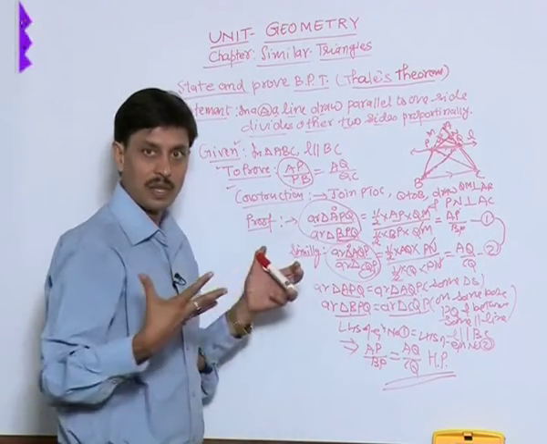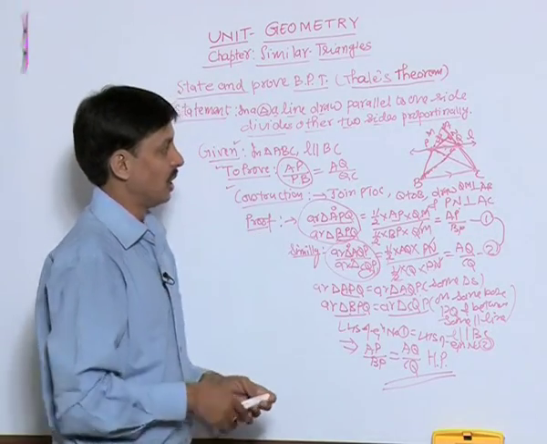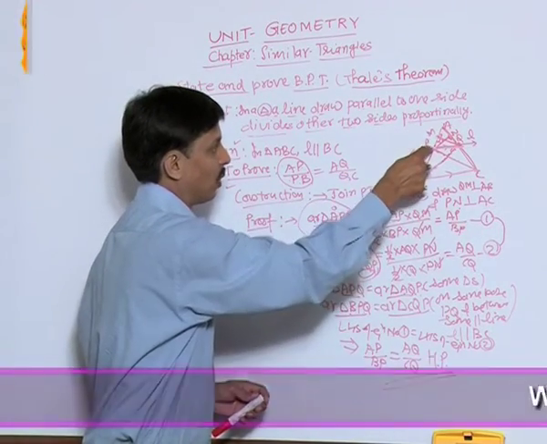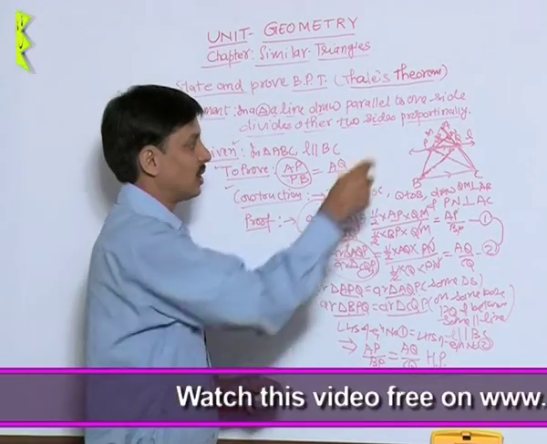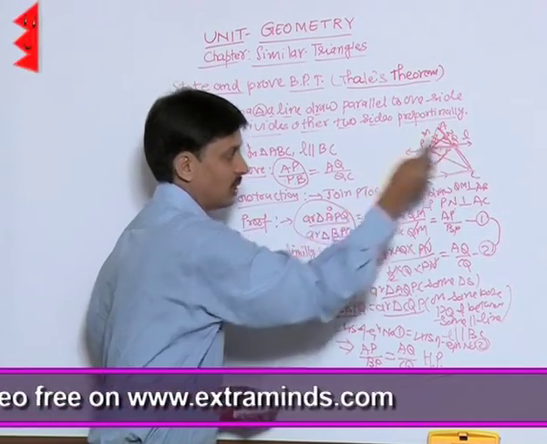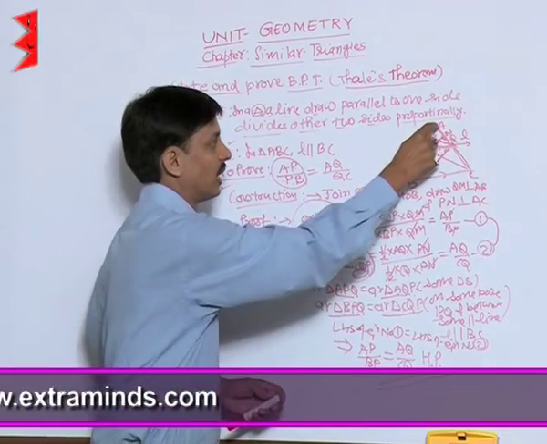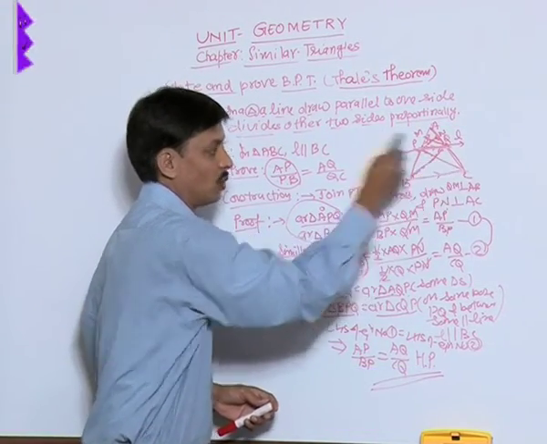Application of this theorem can be done in the chapter at a large scale. As AP upon PB is equal to AQ upon QC, we can say AP upon AB is equal to AQ upon AC, as well as AB upon PB is equal to AC upon QC.